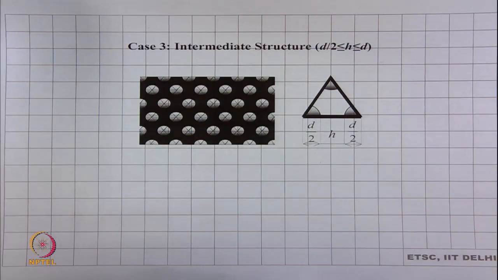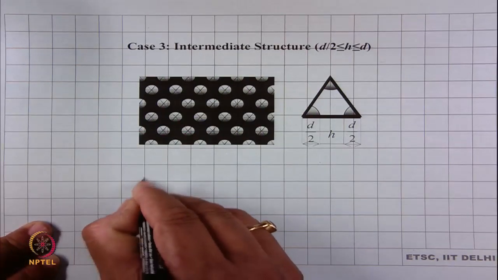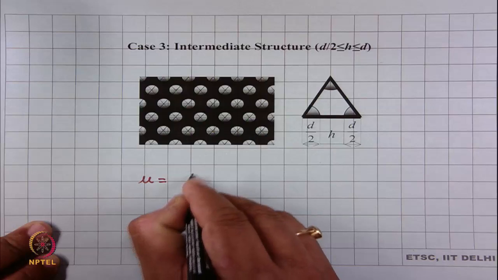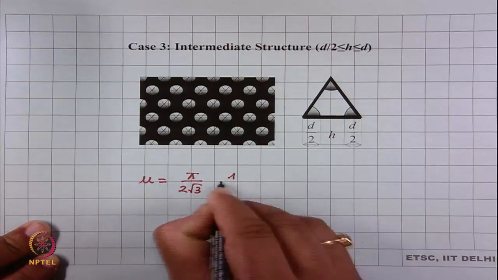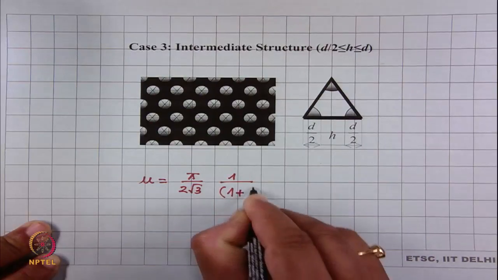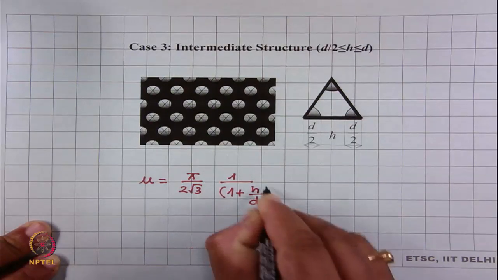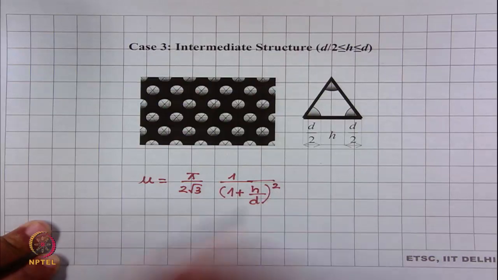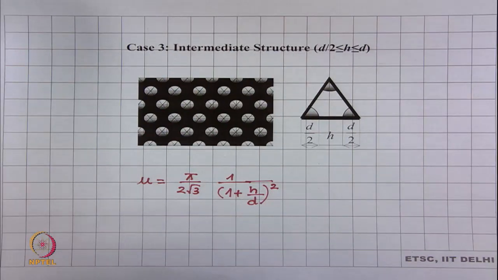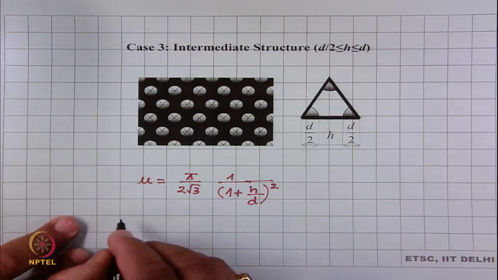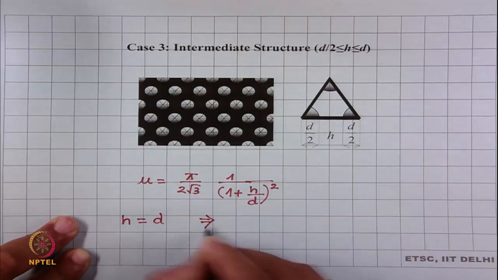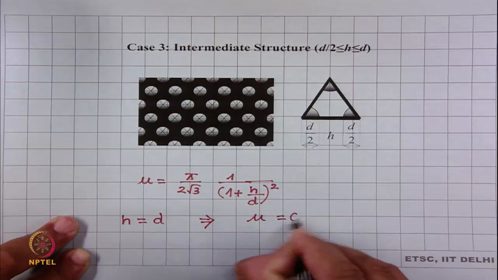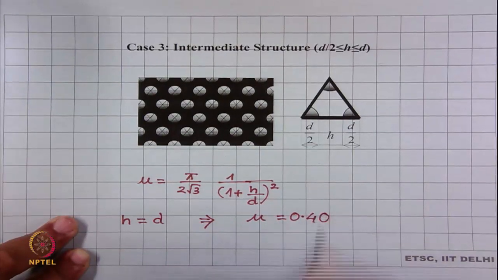First, what is the packing density of the structure? The packing density of the structure can again be found out from our known relation. If you put H is equal to D, we will obtain mu roughly equal to 0.40.